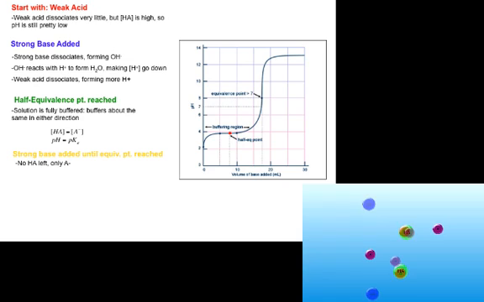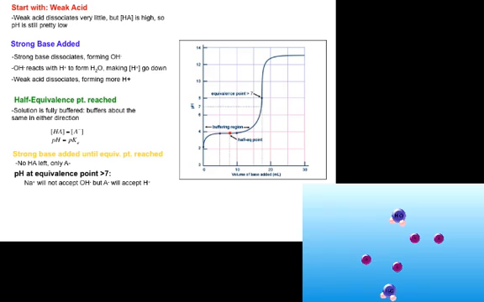It's all dissociated into A minus and H plus, and a lot of that H plus has been neutralized, which is why the pH at the equivalence point is greater than 7. That's also because the Na plus, if we're assuming NaOH is a strong base, is not going to accept OH minus, but the A minus of the HA will accept H plus.